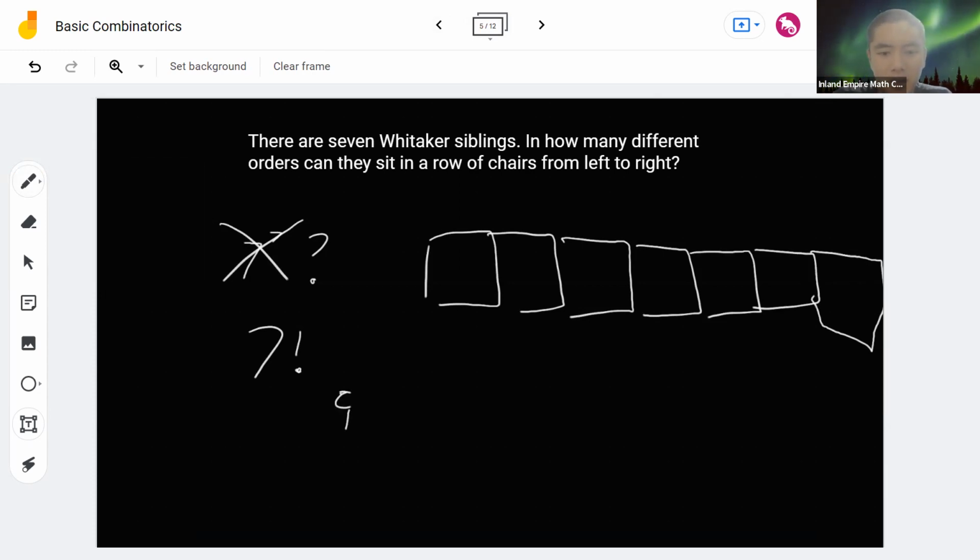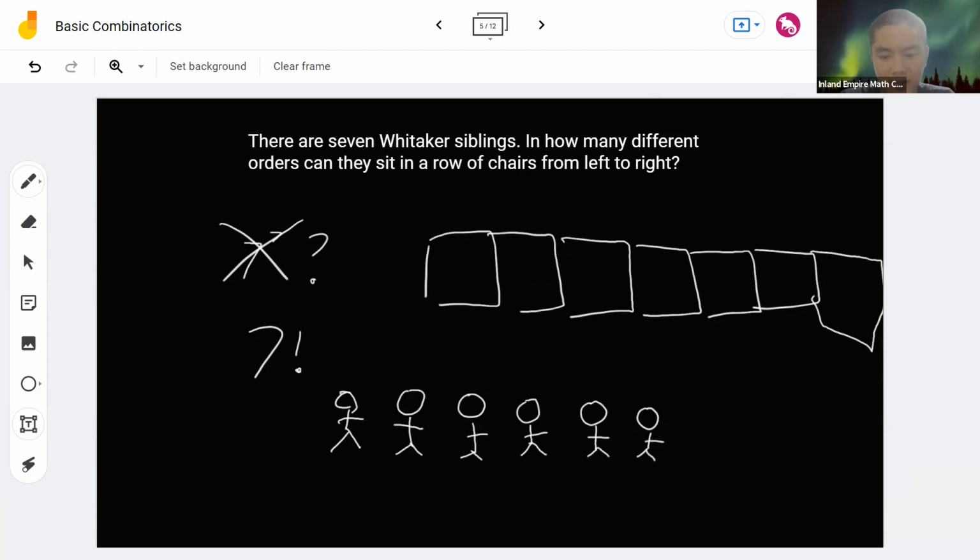And you can think of it as a sibling by sibling scenario. So let's say that the eldest sibling gets to choose the chair first. Since no one's sitting in any chairs yet, the eldest sibling has 7 choices for which chair he wants to sit in. So that gives us the initial 7.